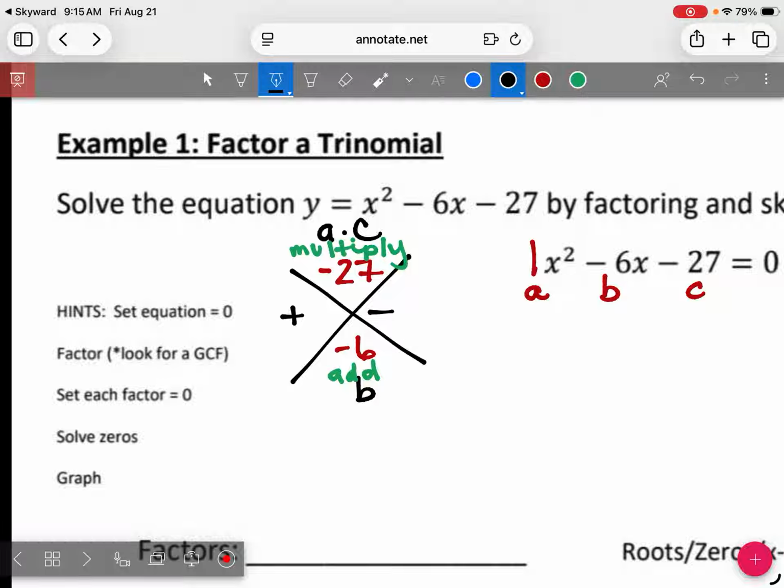Because the 6 is negative, that means the bigger number is negative. Just give me a thumbs up if you know my numbers. I'm not going to call on anybody, I'm just trying to see where we are. I'm going to give you about another 30 seconds to think about it.